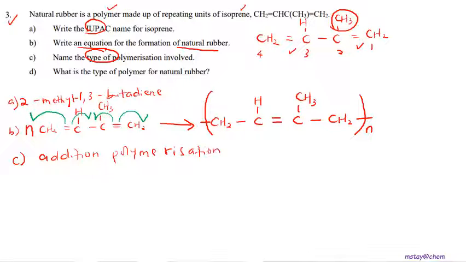Okay, and then question D, type of polymer. You can mention it is a homopolymer because it only has one type of monomer, which is isoprene.